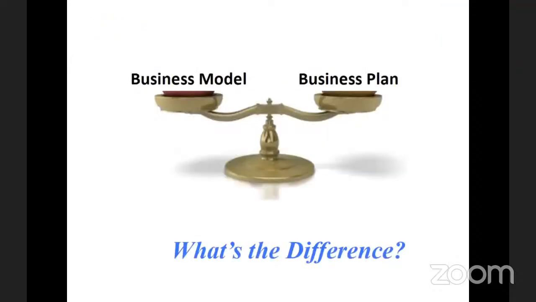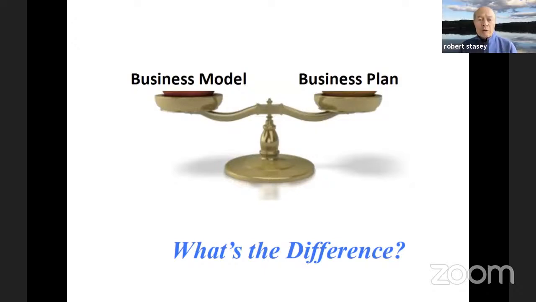So one of the questions when I do workshops or give speeches like this is people say, well, what's the difference between a business model and a business model canvas? And so when we look at that, what I say is that a business model is basically a single diagram of your startup, and it depicts how you will serve customers and make money in a repeatable and scalable way.